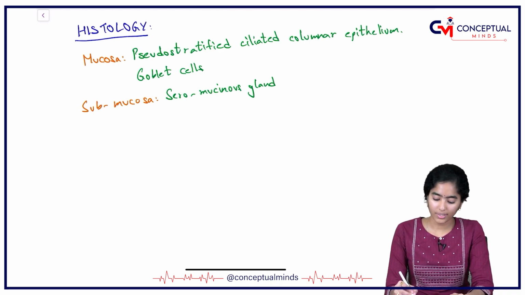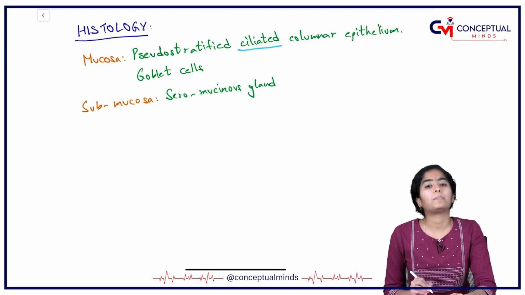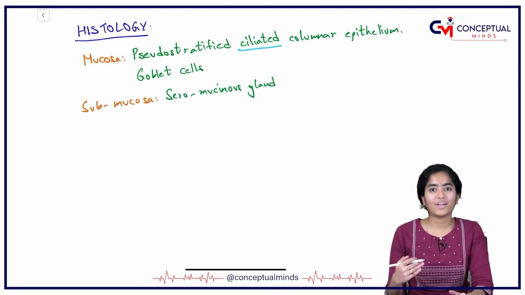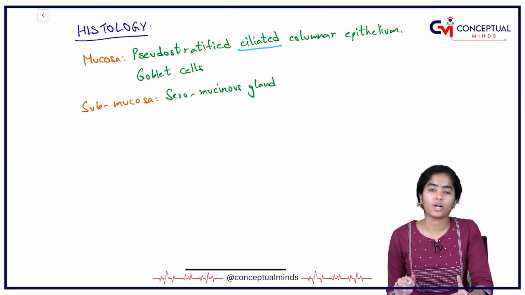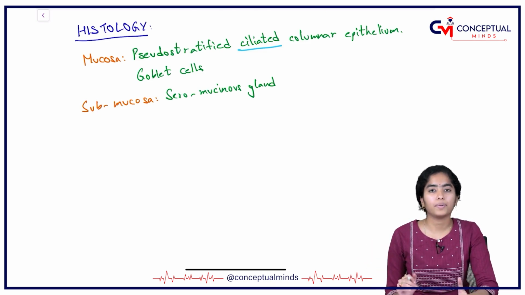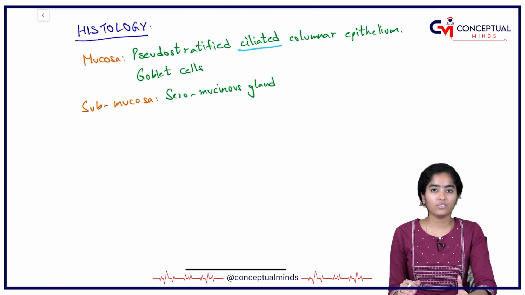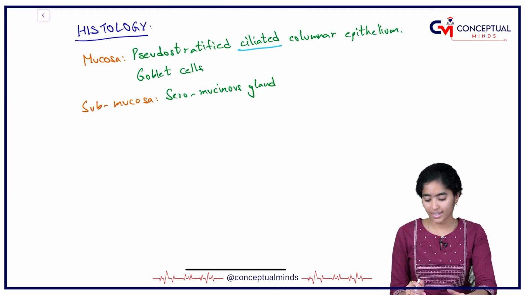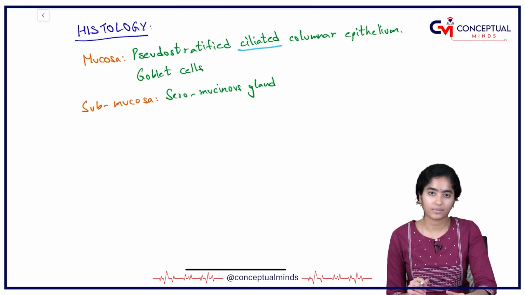Now, what is important here is that it is lined by ciliated epithelium. What is the function of cilia? They propel secretions anywhere in the body. Cilia beat in one particular direction in such a way that they cause movement of substances from one end to the other end. That is the job of cilia. So, why are cilia present here?